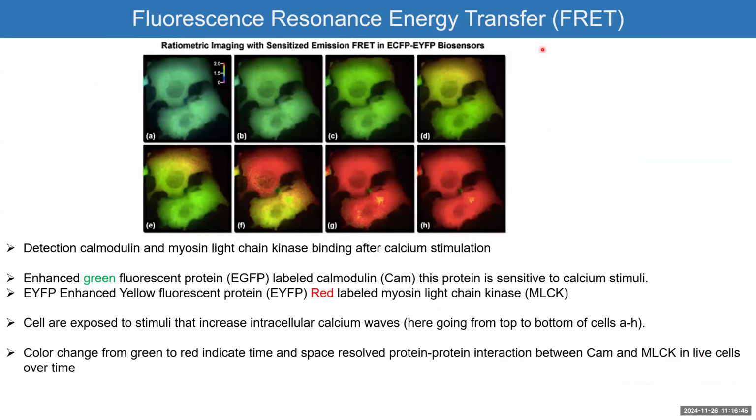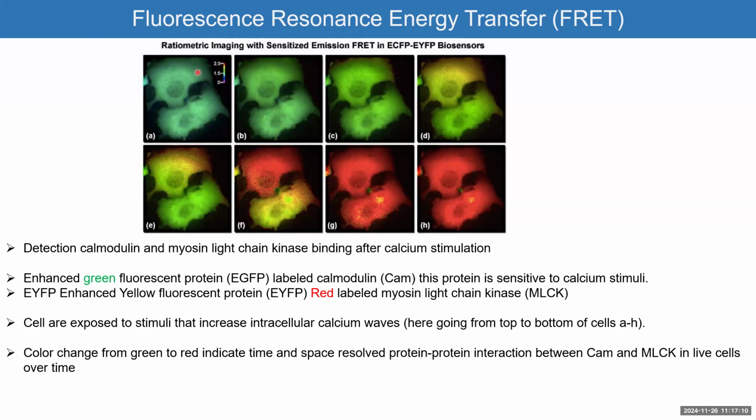And if I want to give you an example, this is from real experiments. The protein called calmodulin and the other protein called myosin light chain, they bind to each other. And their binding depends on the calcium. So if you stimulate with calcium, they bind to each other. So first, the EGFP is fused with the calmodulin.